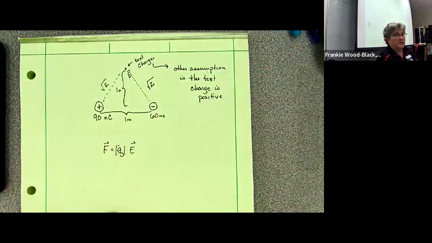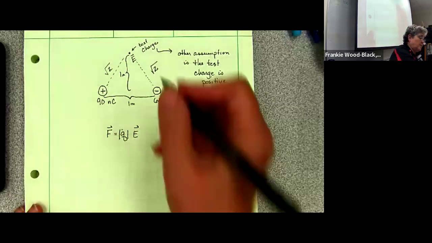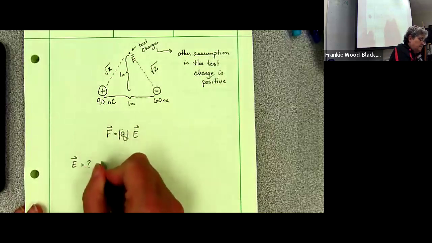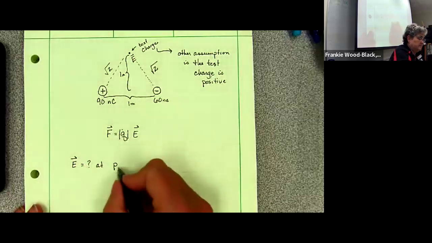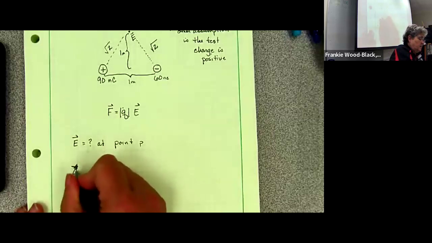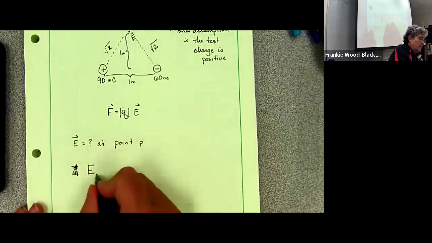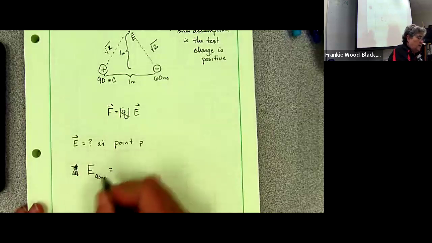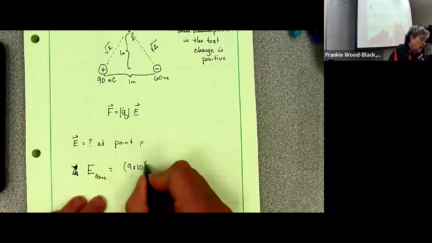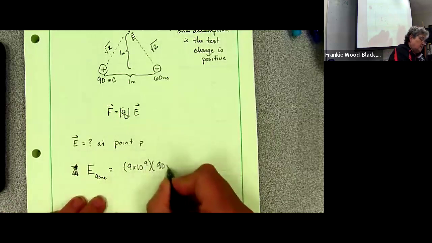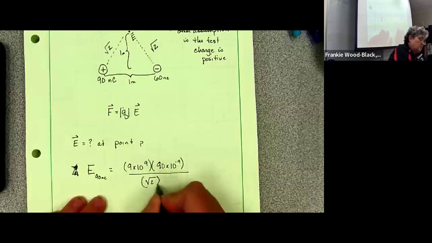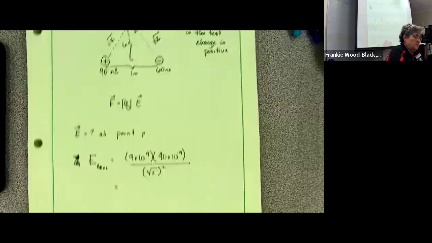So this problem is going to work very much like the other problems that we did. If I want to know what the electric field is at that point, I'm just going to calculate the electric field due to the 90 nanocoulomb charge, so that's 9 times 10 to the 9 times my 90 times 10 to the minus 9, all divided by the square root of 2 squared.